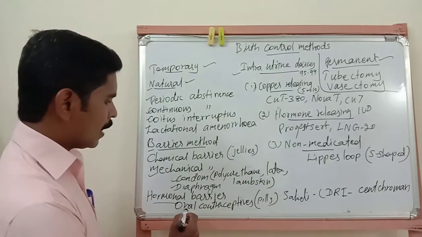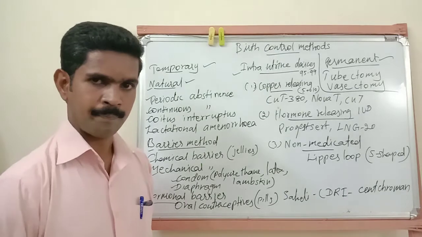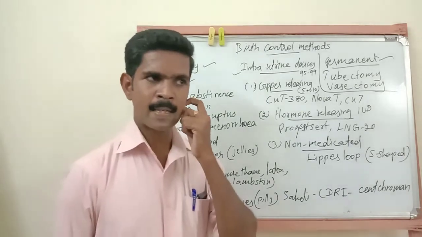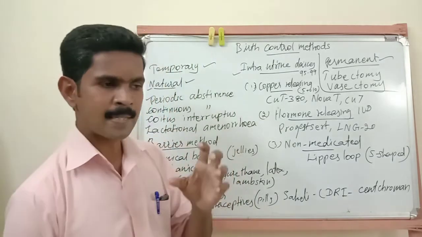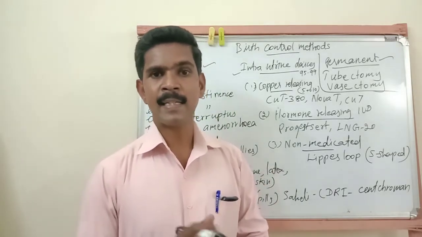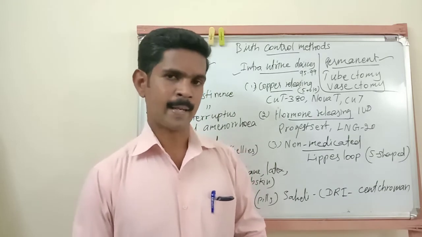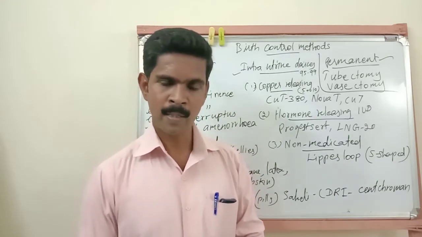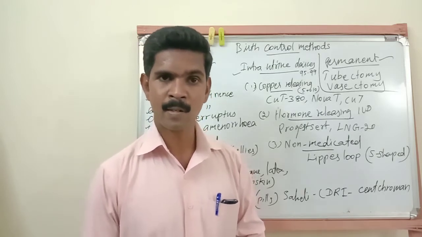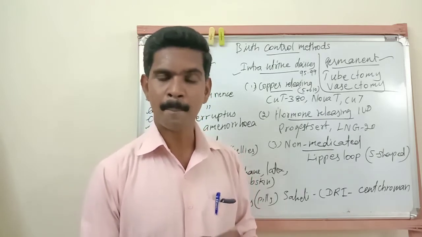Listen. Oral contraceptives, for example, pills. In some artificial pills, synthetic estrogen and progesterone are present. That means artificially prepared estrogen and progesterone hormones are kept inside the pills.